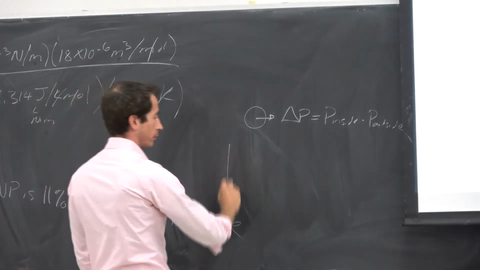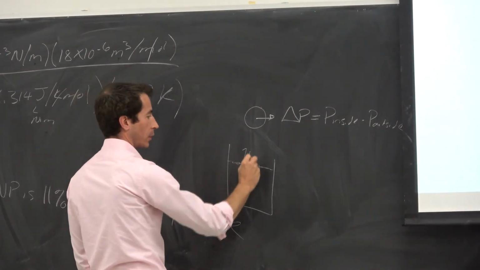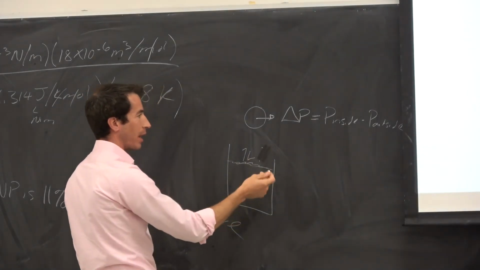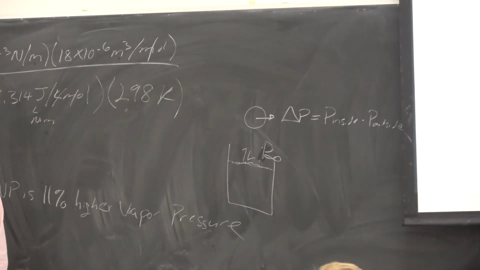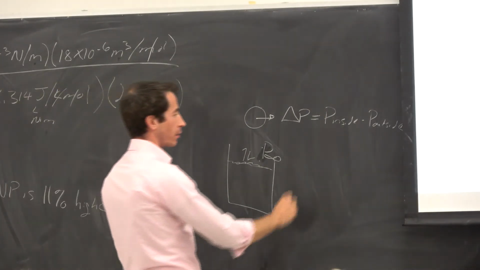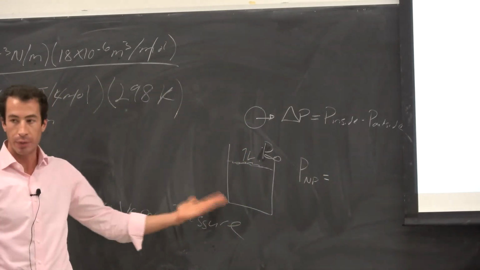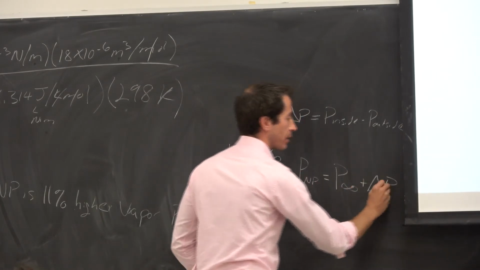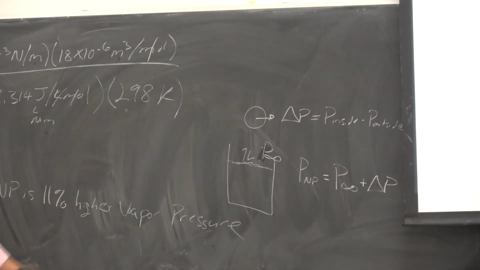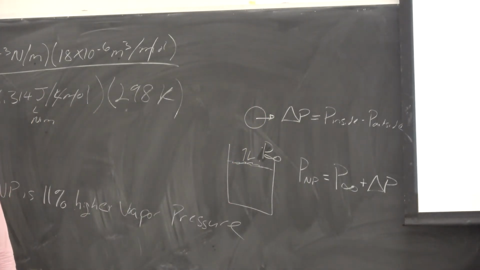Then we have bulk, which has some equilibrium vapor pressure, which is such bad nomenclature that we'll call it P infinity, for a P infinity size system, right? And then the nanoparticle will have some P infinity, but it's also going to be higher because it has this Laplace pressure that is a function of this increased curvature.